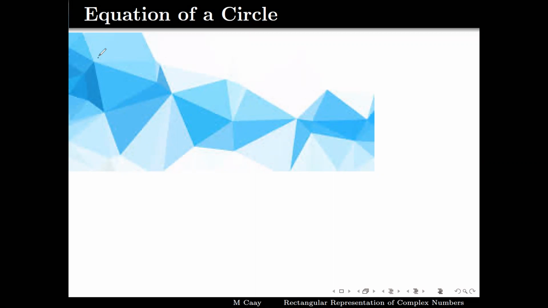A circle is a set of points equidistant to a fixed point called the center.